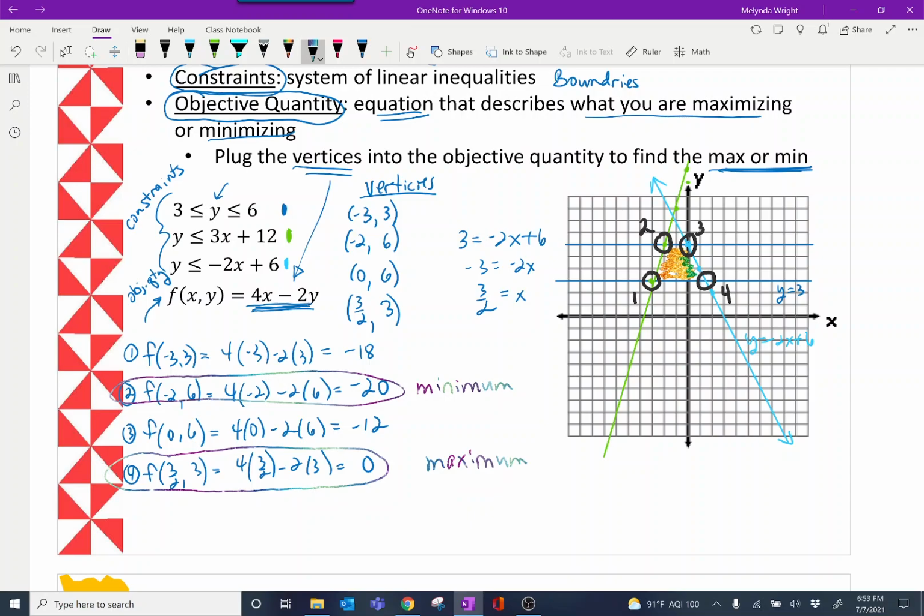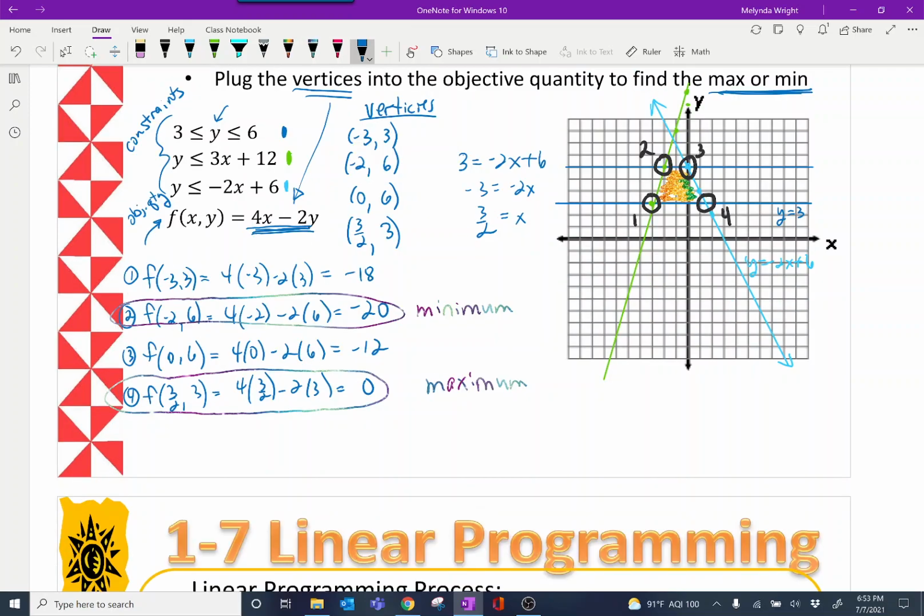Another way would be just to write it out. So we would have negative 20 is our minimum value, and 0 is our maximum value. All right, very good. And that's our very first lesson on linear programming.